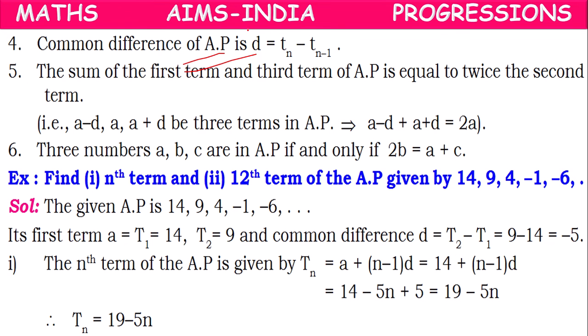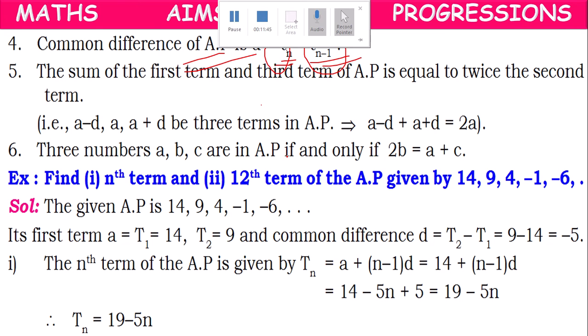The common difference is d, whose formula is given by tn minus t(n-1), the nth term and its previous term.